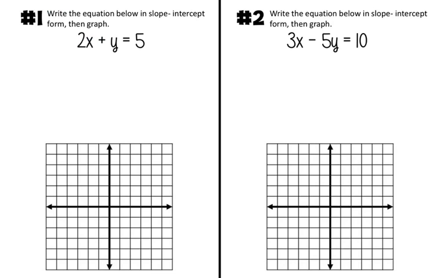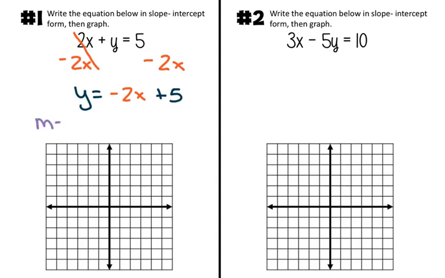Okay, let's try a few more challenging ones. I'm going to use the formula and I'm going to show you without it. Okay, so this first one, we need to subtract 2x on both sides. So I end up with y equals negative 2x plus 5. Okay, I don't need to do anything else because there's no coefficient.